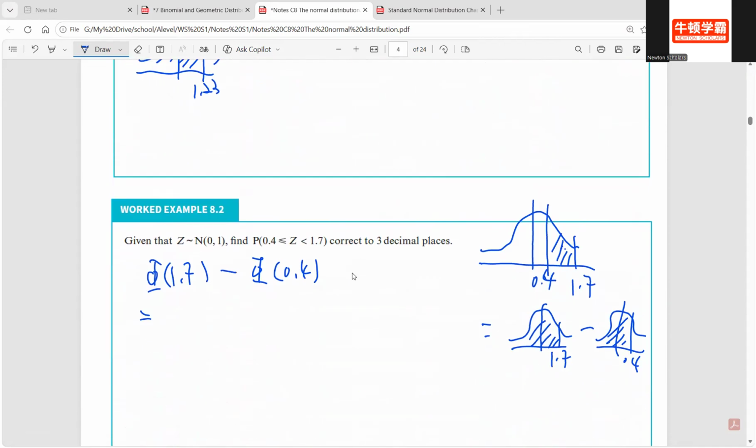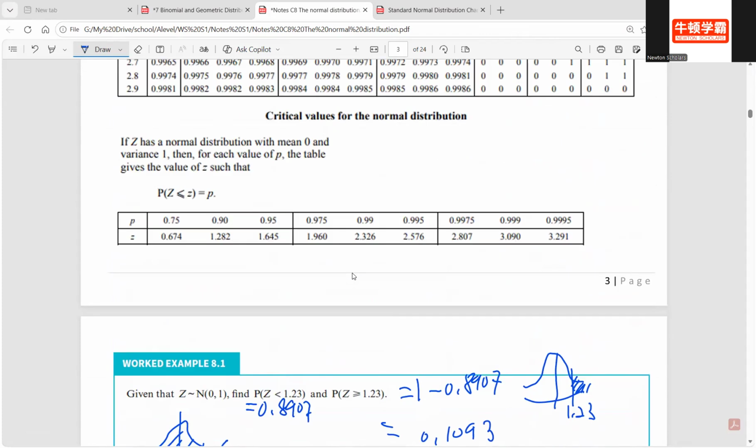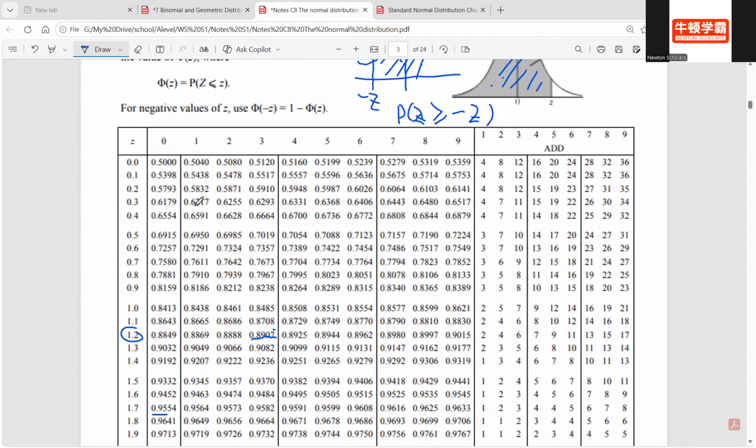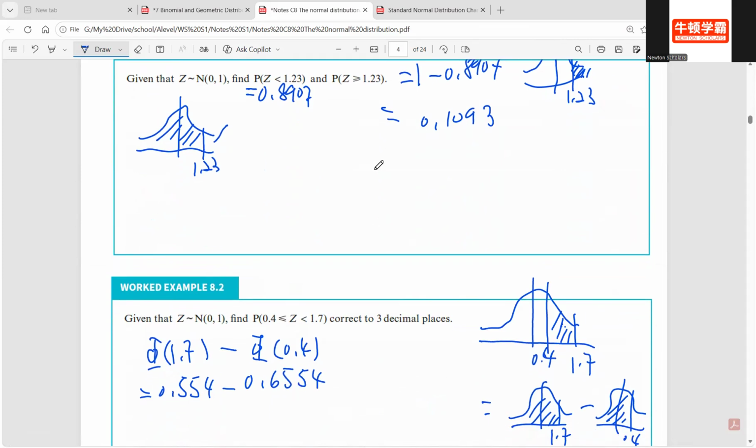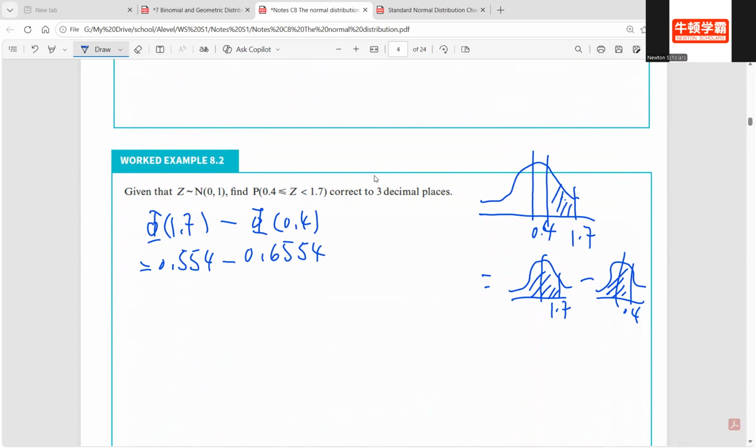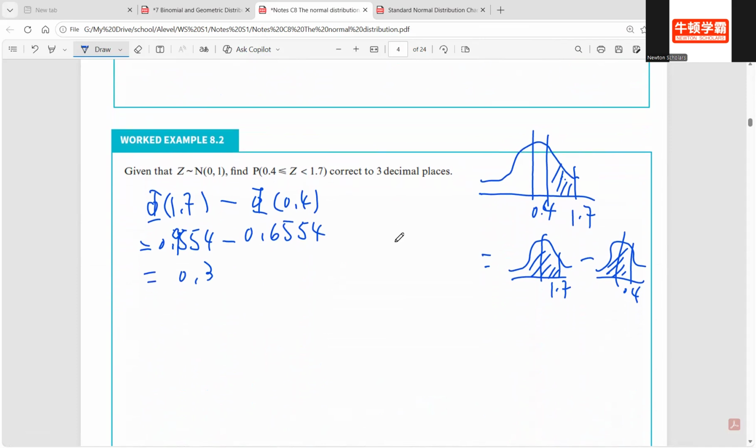We write it down, 0.554 minus 0.4. Then you minus it, so you will get 0.3. Okay, next one.